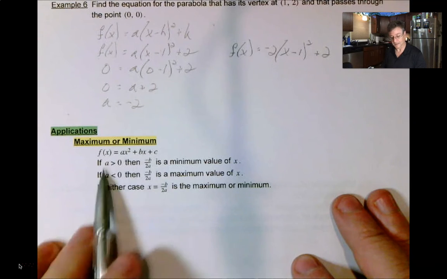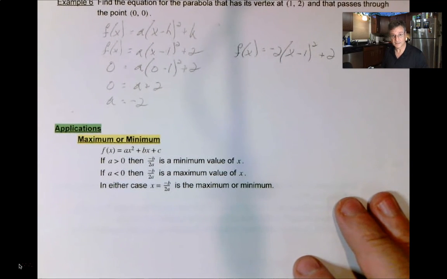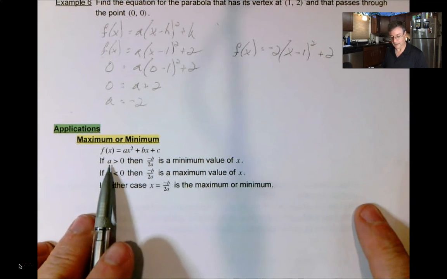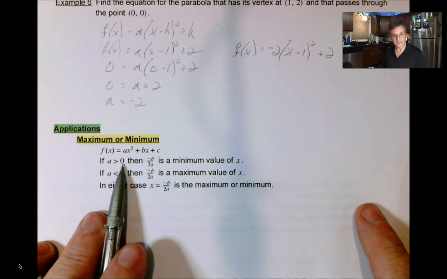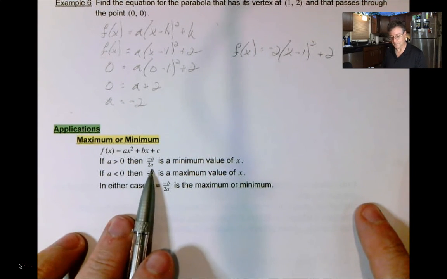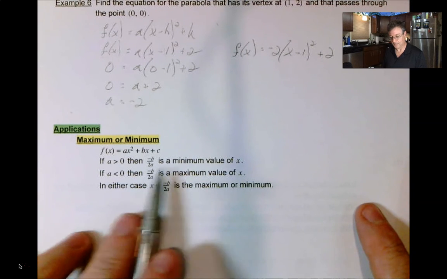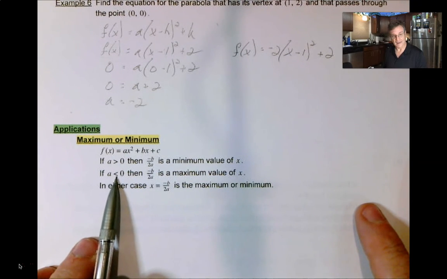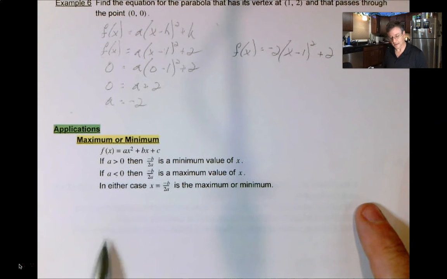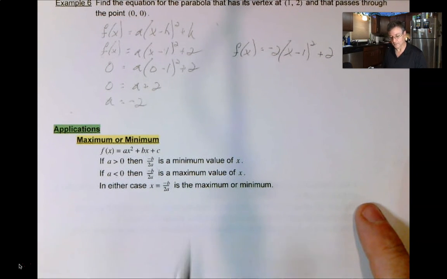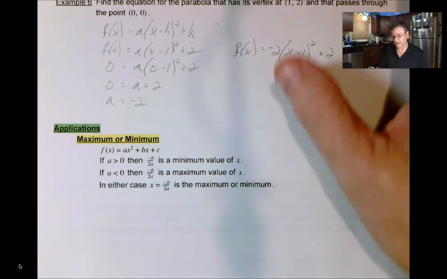We can use this for maximum and minimum type equations and situations where a being greater than 0, a positive number, then negative b over 2a is going to be a minimum value, the bottom of the U. If a is a negative value, then it's an upside down U, it's been reflected, then negative b over 2a is going to be a maximum. Either way, negative b over 2a is either the max or the min.